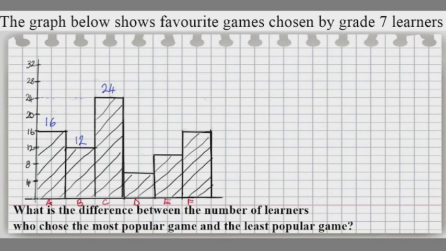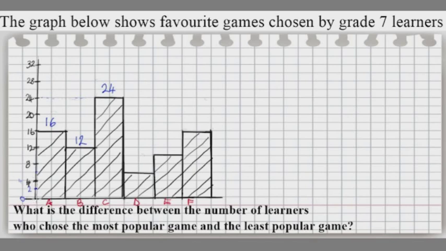So we have 0 here, so 0 learners, and then between the first box and the second box we have 4 learners. That means that midway here we have 2 learners. So that implies that for each square unit we will have 2 learners in each of the boxes. So we have here 2, we have 2, and we have another 2 here.